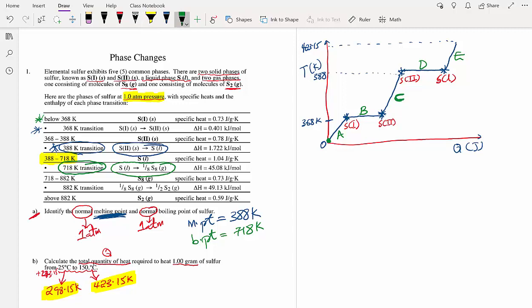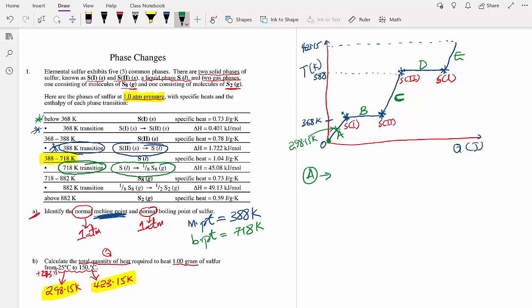So we need to be mindful of that. This is where we actually begin, 298.15 Kelvin. That is where stage A begins. Then it terminates at the transition from the S1 form of sulfur to the S2 form of sulfur. Let us now calculate the energy required for stage A.